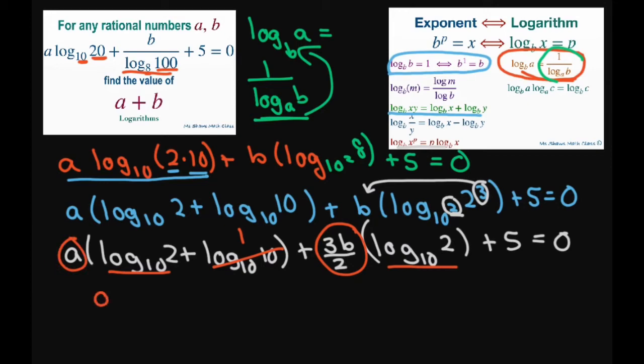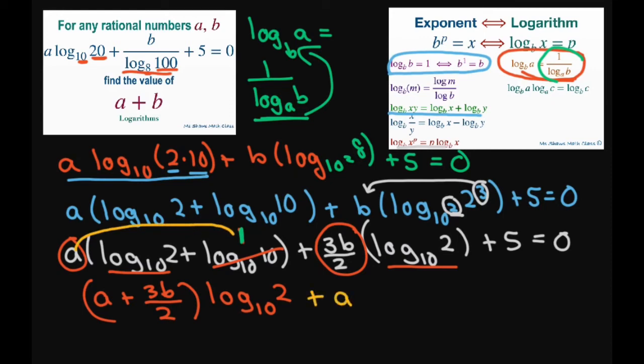So this is going to be a plus 3b divided by 2 times log base 10 of 2. Now, since this is 1, and if you distribute the a, 1 times a is a, so you're going to get plus a, and then we still have this plus 5 equals 0.